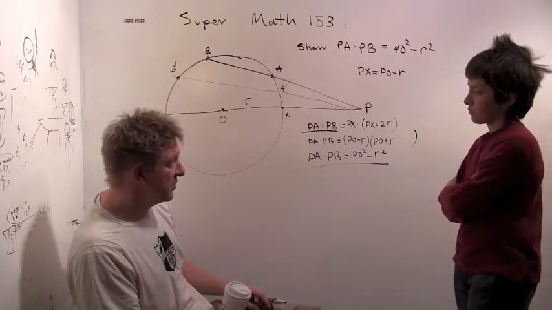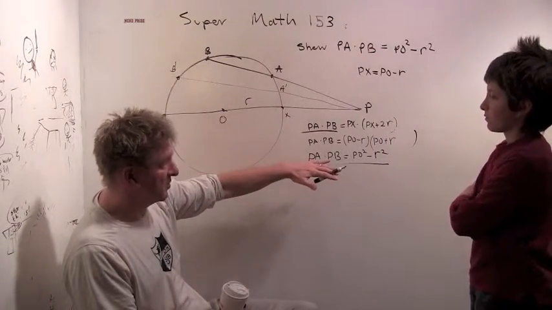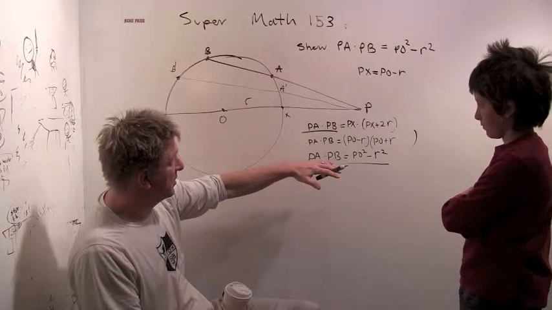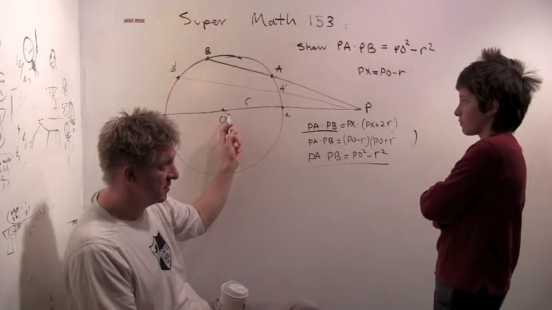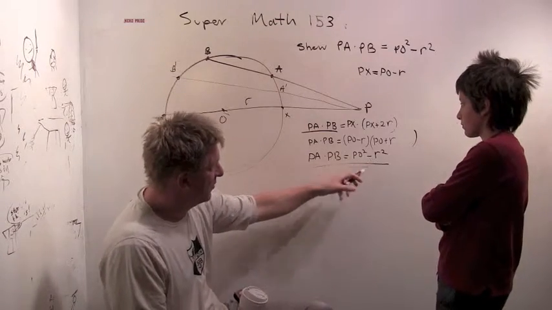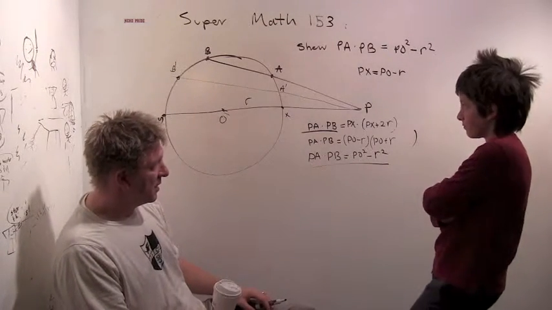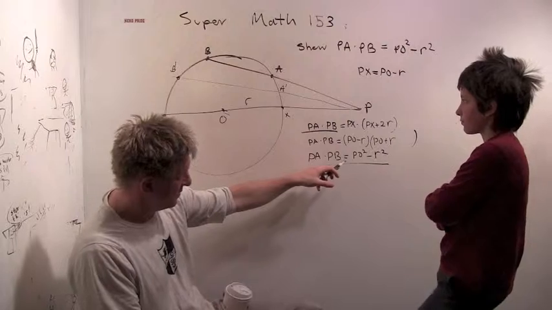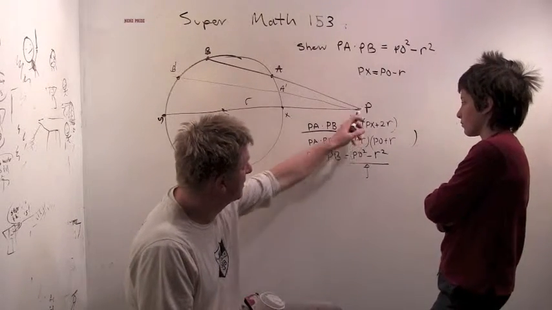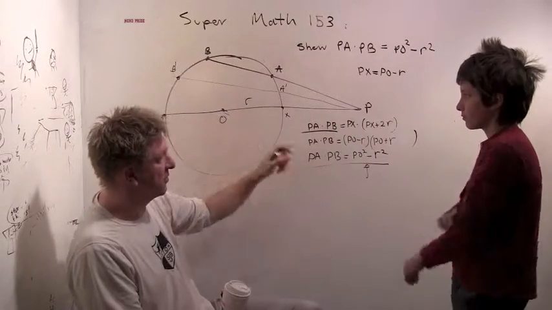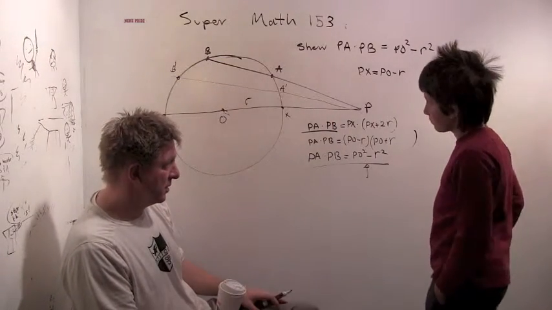And that constant is not just some random number. It turns out to be the distance from P to the center of the circle squared minus the radius squared. Now, notice that this is always positive. When P is outside of the circle, the distance from P to the center of the circle is always bigger than the radius.